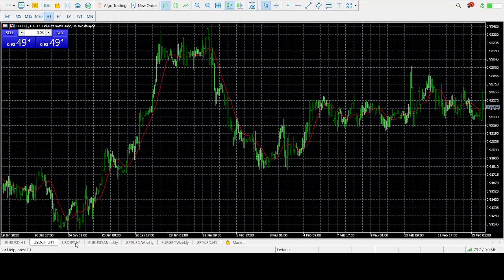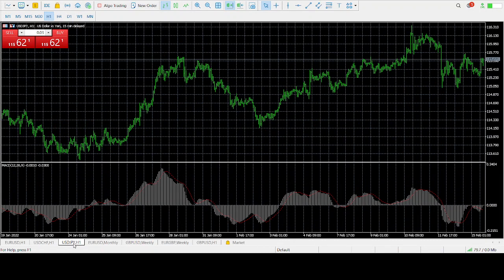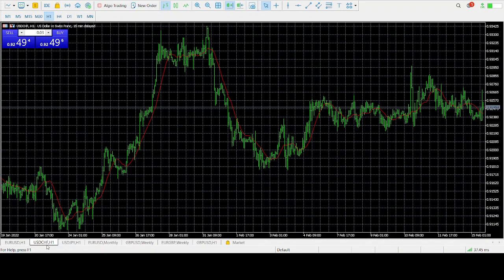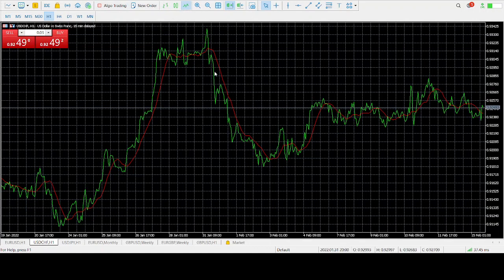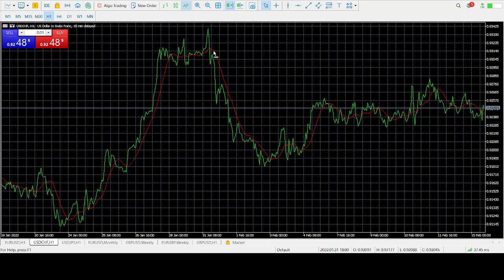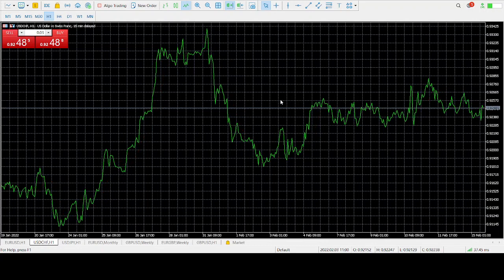Let's say, okay, let's go to the USD Swiss franc, put in a line graph. I will remove the moving average. We will cover everything else in further lessons. This is just support, resistance, trend line, and the channel.